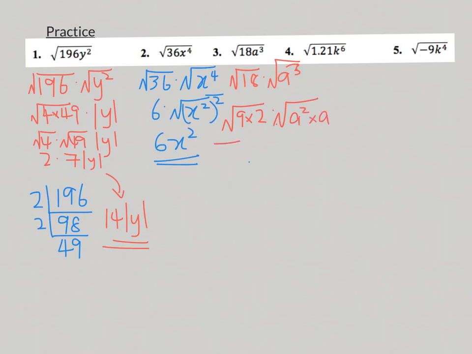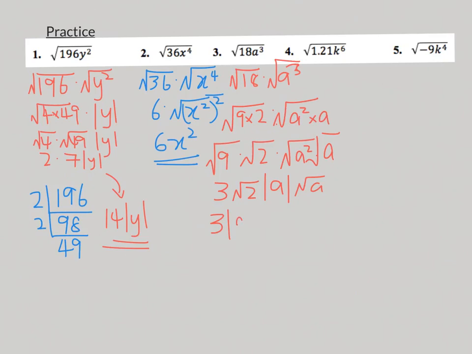Now the square root of 9 times the root of 2 times the square root of a squared times a. That would give us 3 root 2, and then we have the absolute value of a times the square root of a.